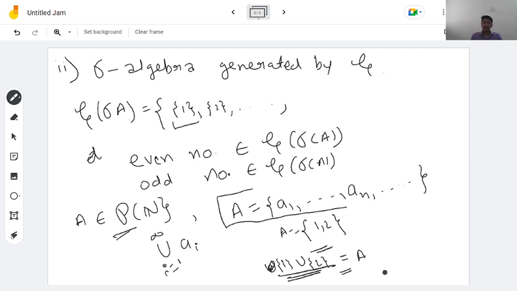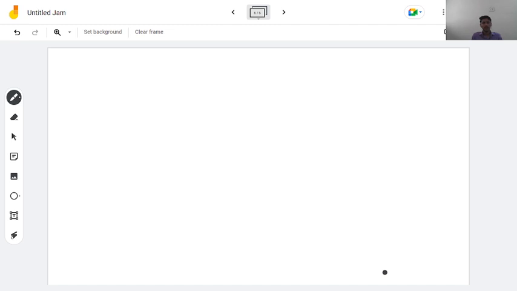What does that imply? That implies that the whole power set is there in the sigma algebra generated by C. That implies the power set belongs to the sigma algebra generated by C. Once the power set is there, this is the largest set, right?